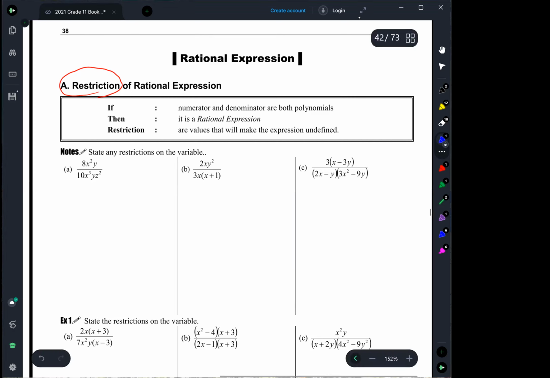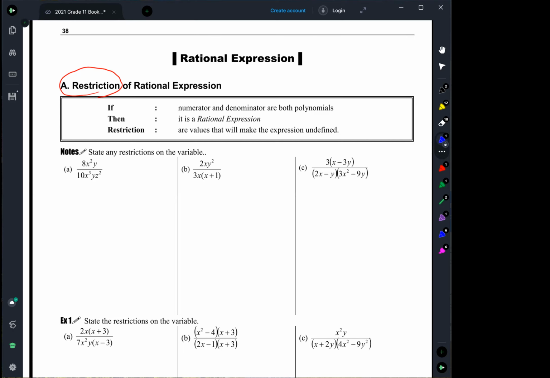Okay, we have a 0. Shanier, can you elaborate on that? What do you mean, 0? You can turn on your mic. Restrictions are in the denominator. Yes, okay, so 0, you can never put it in the denominator.